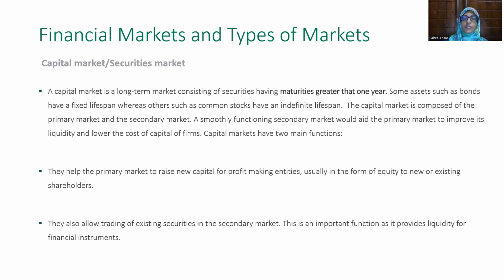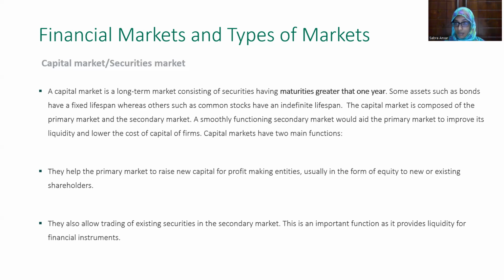So basically, what is the primary market? The primary market is the market in which issuers will issue their new bonds or securities, and the investors will buy from it.